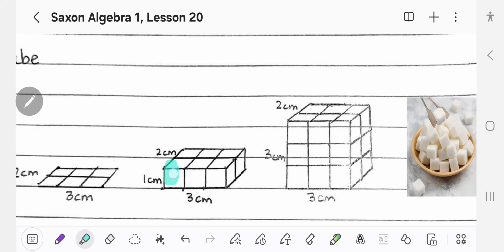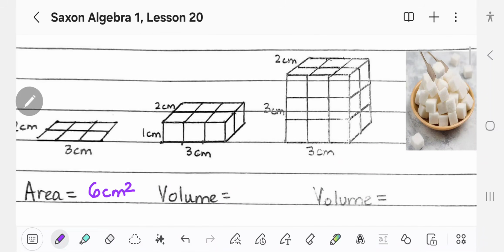I'm going to color it in. We can't see the sides. Here's another one. Here's another one. We can't see anything but the top right now. And here and here. How many of those cubes would it take to cover that graph paper? Well, it would take 6 of them. We could just count it. But it would be 6 cubic centimeters. Remember we talked about that exponent. When it's a 2, it's a square, and when it's a 3, it's cubed. And this is why, because we're counting the cubes.